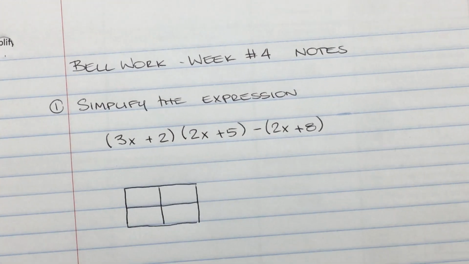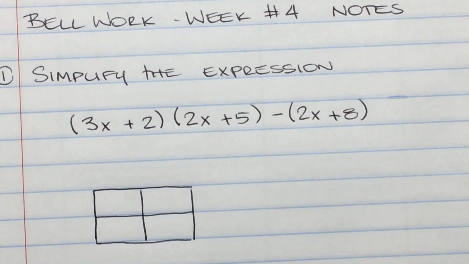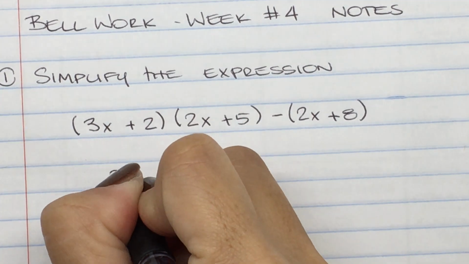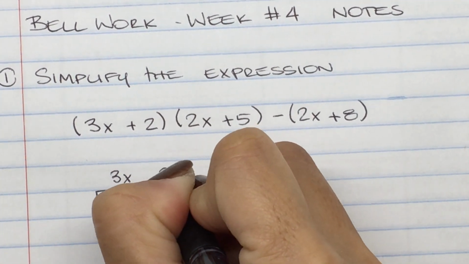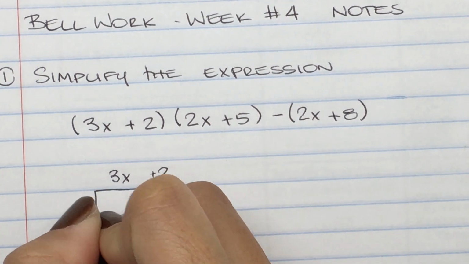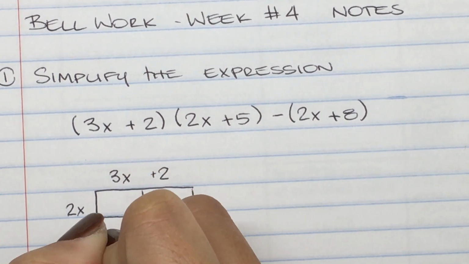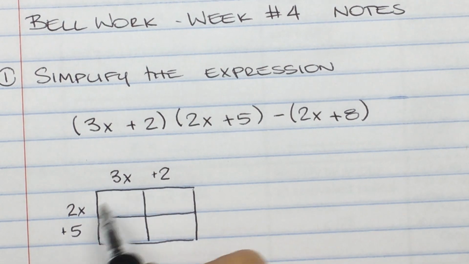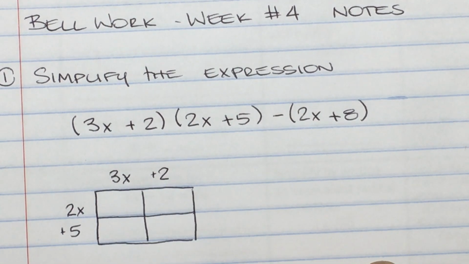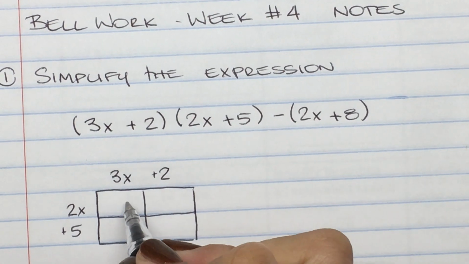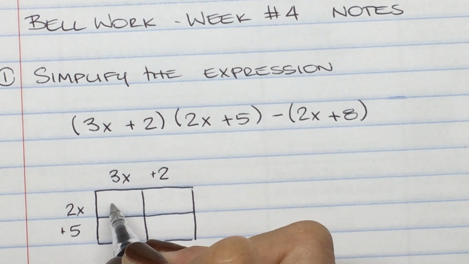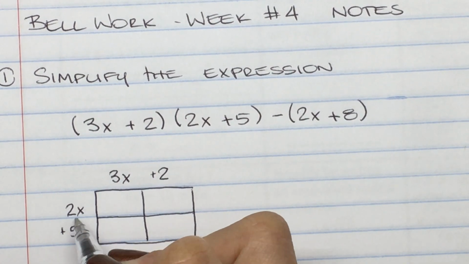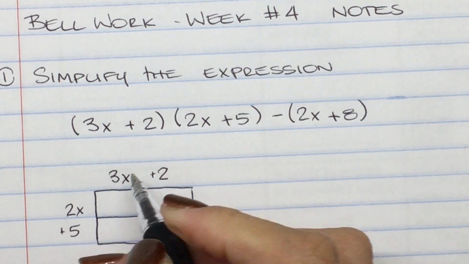I'm going to zoom in. So we write one of the binomials horizontally and we write the other one vertically. Like always, I like to keep my signs so I know these are positive. So remember, in this box, we multiply the number on the left by the number on the top.